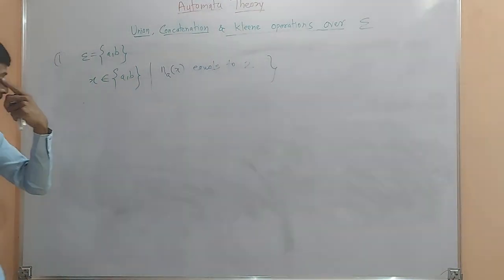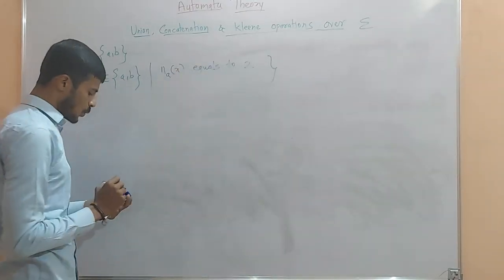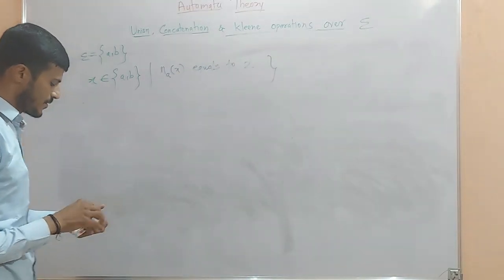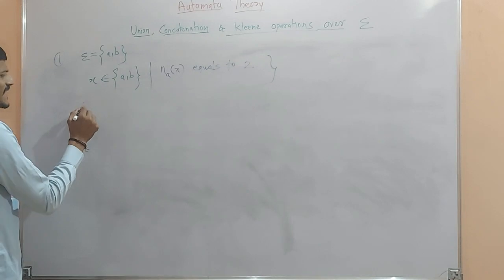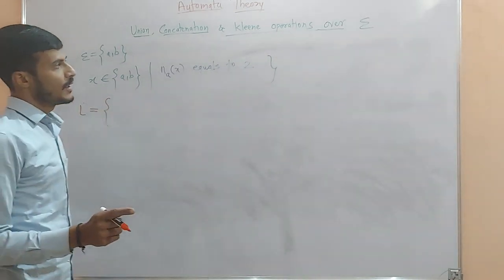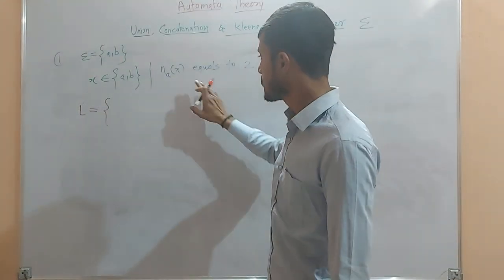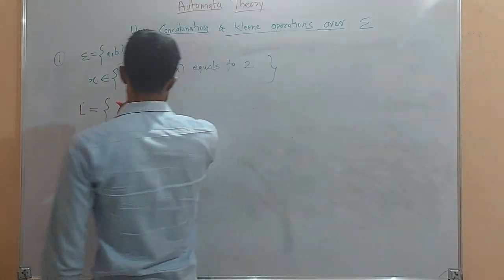So what is the condition here? Number of A's in X equals 2. You have to find the language. So in this case, L will be equal to the set of strings where the number of A's must be equal to 2.